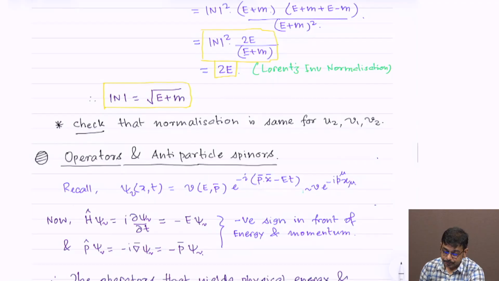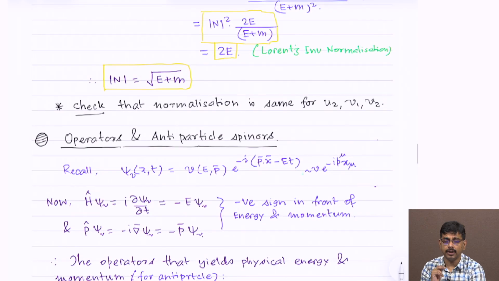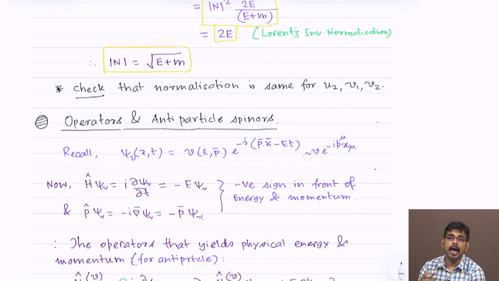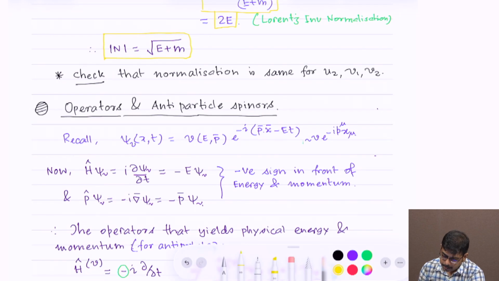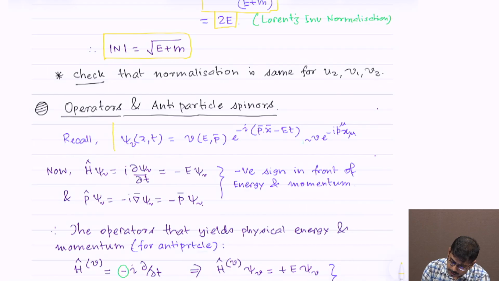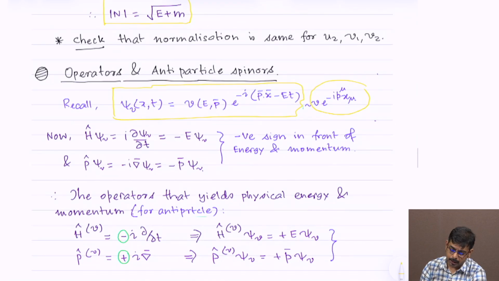Now, I would like to come to a very important point, and this is the case of how the antiparticle spinors behave under different operators. The first thing that we already checked, you remember the definition of psi in terms of the antiparticle like spinor was V into e to the power minus i(p dot x minus E t), or you can say this is V into e to the power minus i p mu x mu in the 4 momentum notation.